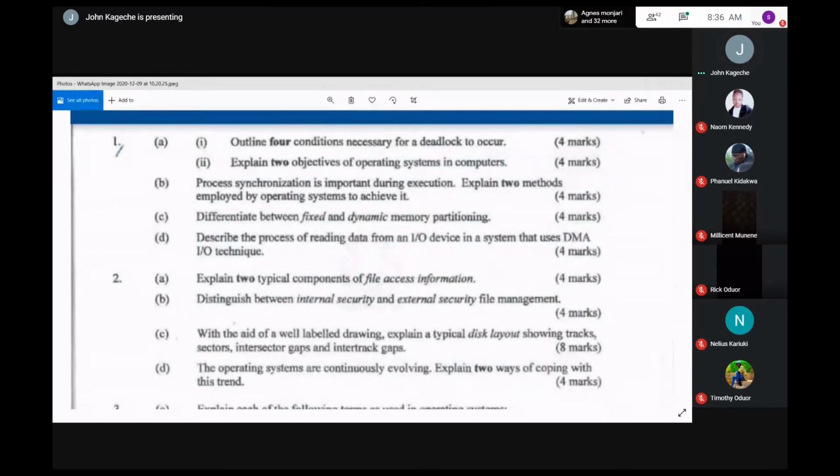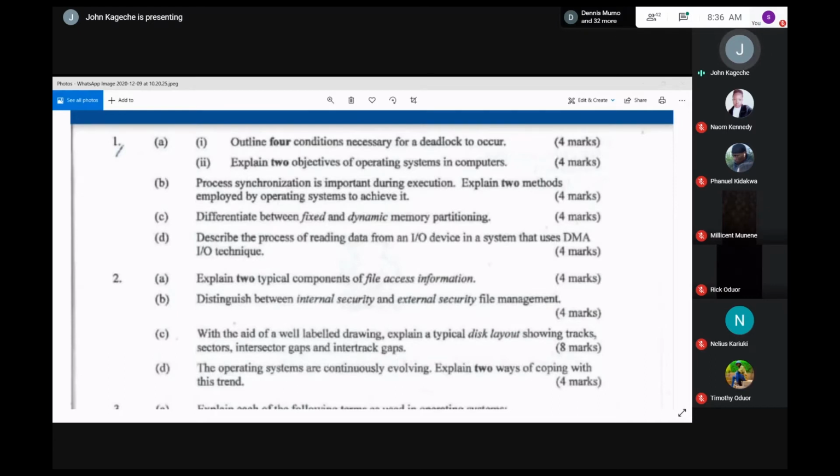With the aid of a well-labeled diagram, explain the typical layout showing tracks, sectors, intersector gaps, and what we refer to as the intertrack gaps. Yes, we had the diagram that we were discussing the other day. You remember?